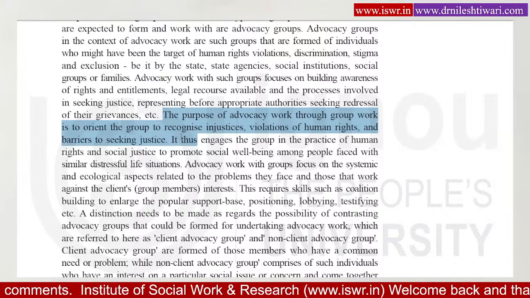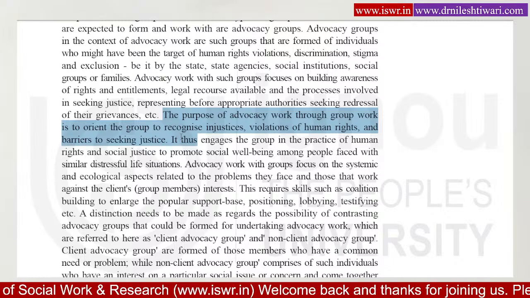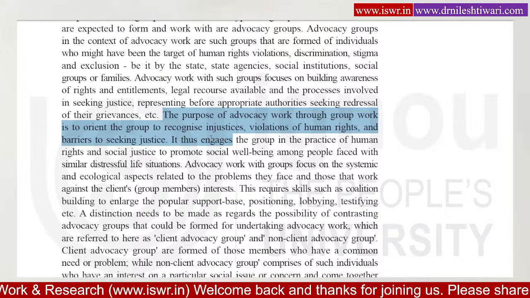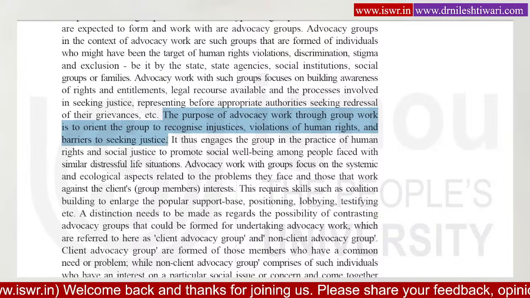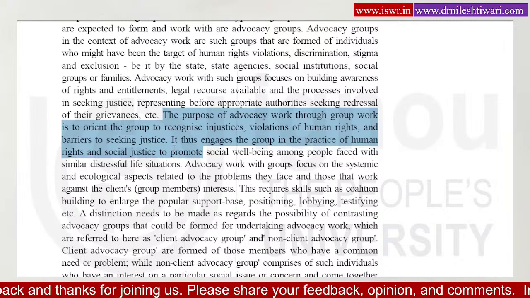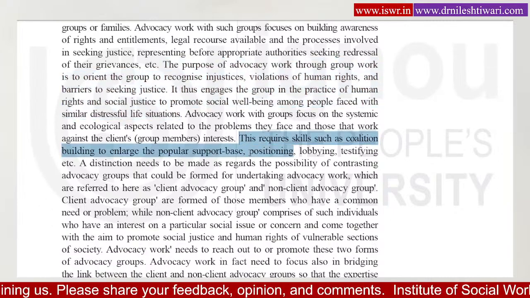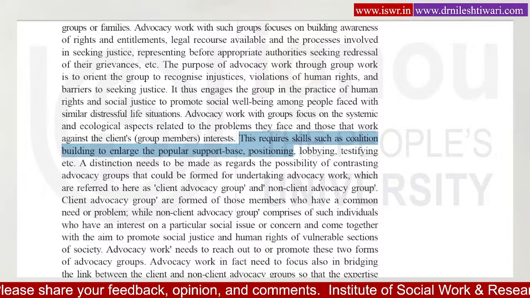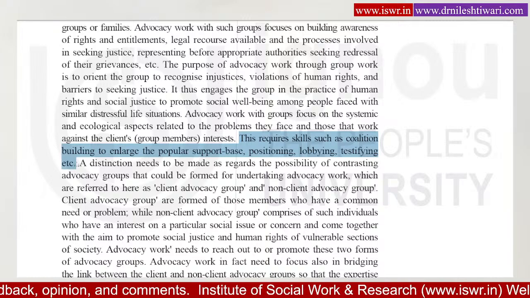So the purpose of advocacy work through group work is to orient the group to recognize injustices, violations of human rights, and barriers to seeking justice. So engagement of the group is very, very important, right? And this requires a skill. Skill of what kind? This is the important line of this paragraph.